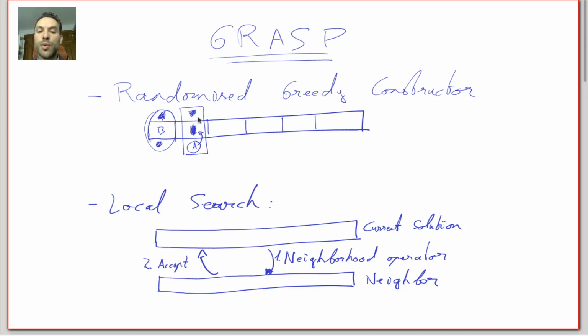So as we have made many random decisions, if we apply this randomized greedy constructor, the solution that we produce and that will afterwards be optimized with the local search will probably be different, or at least more different than in the previous case, when only the best solution component was used.